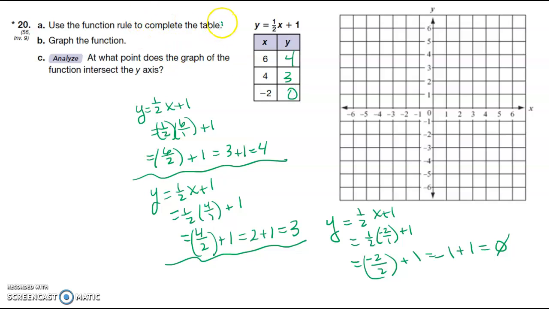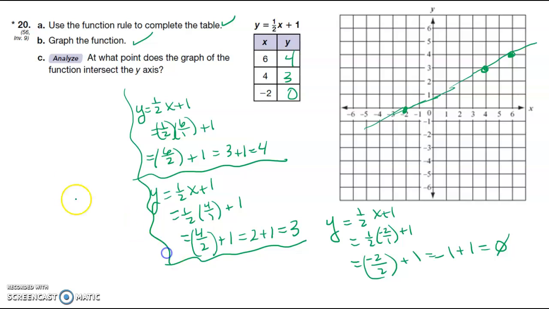All right, so we did A, and then it says graph the function, so let's do that. 6, 4; 4, 3; and -2, 0. Then it says, at what point does the graph intersect the y-axis?